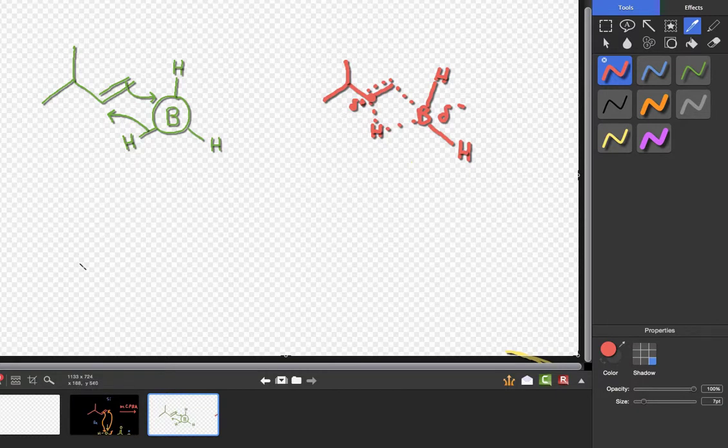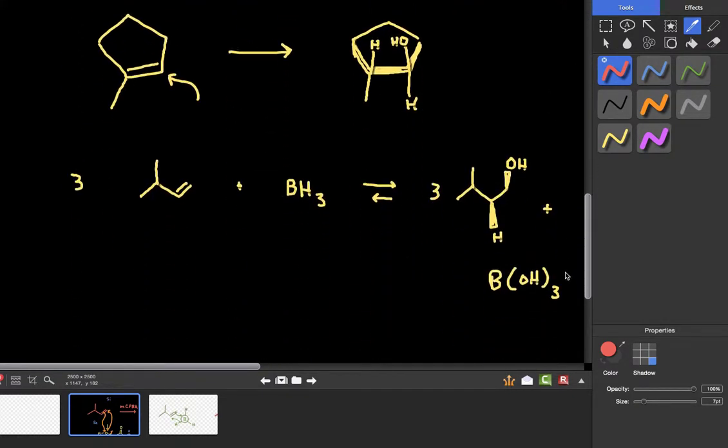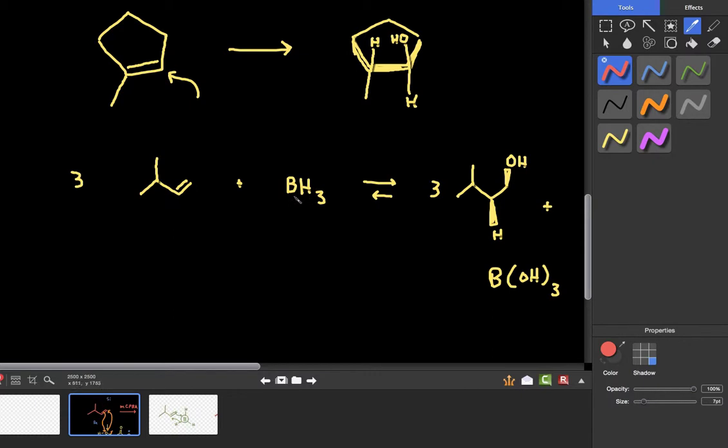After this reaction is completed, of course this is nothing but nucleophilic attack. Notice I have an alkyl borate, but I have 2 other hydrogens that can also act nucleophilically with a developing partial positive charge. And so this occurs 2 more times. And if we go back and look at the stoichiometry, this now begins to make sense, because I needed 3 alkenes to react with 1 borane to produce 3 alcohols and boric acid.